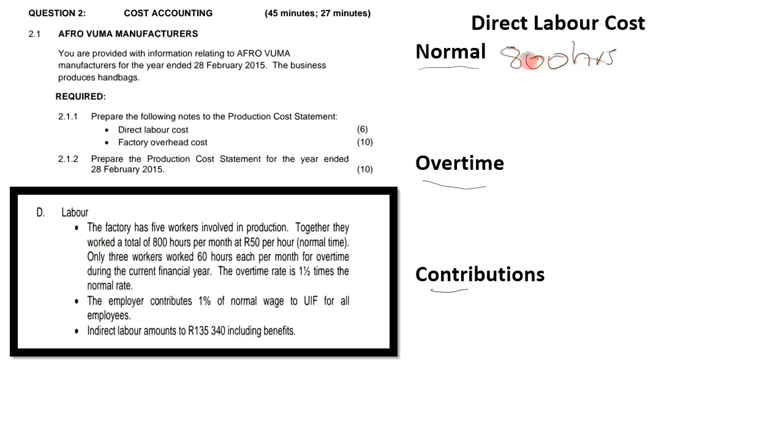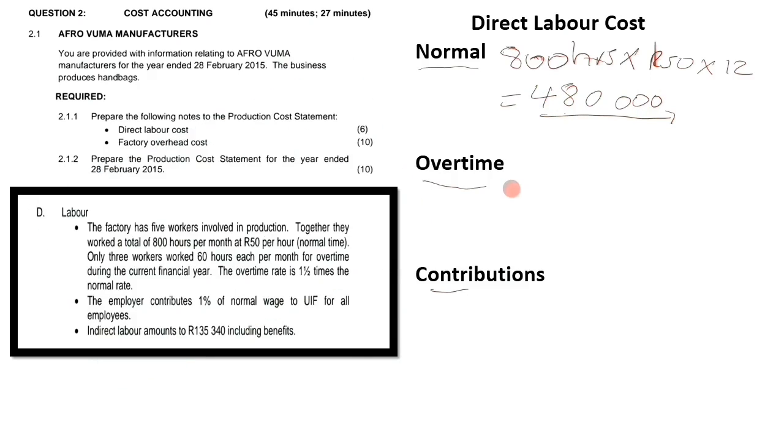Our calculation will be 800 multiplied by 50 rands, and then you multiply by 12 because it is stated that these employees will be paid monthly. Therefore, our normal rate will amount to 480,000. So these employees will be paid a minimum of 480,000, which is your normal rate.